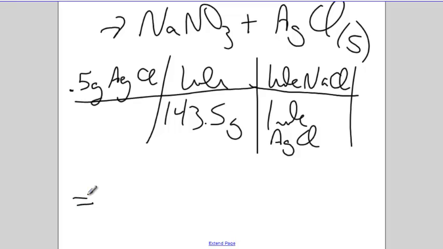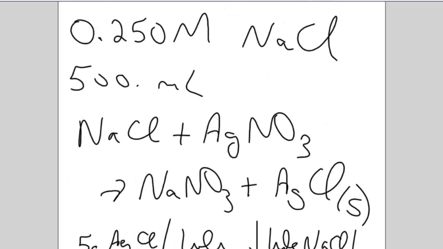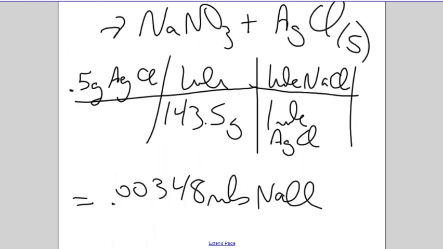0.5 divided by 143.5 times 1 divided by 1 is 0.00348 moles of NaCl. Okay, so out of this 500 mils of 0.250 molar NaCl, I want to take out an equivalent of 0.00348 moles of NaCl.